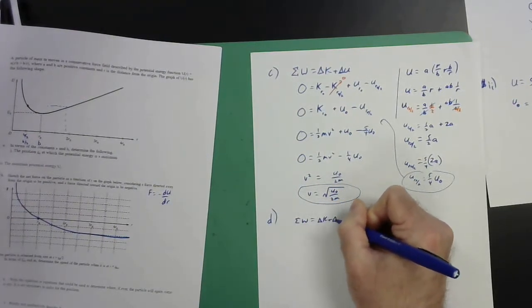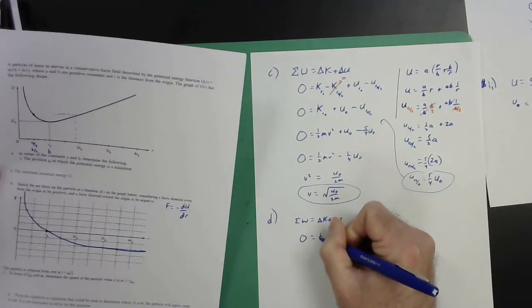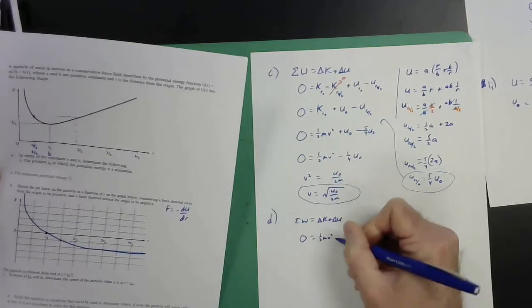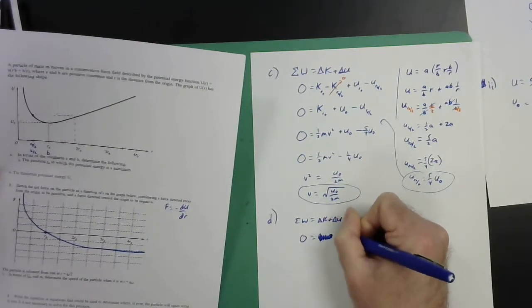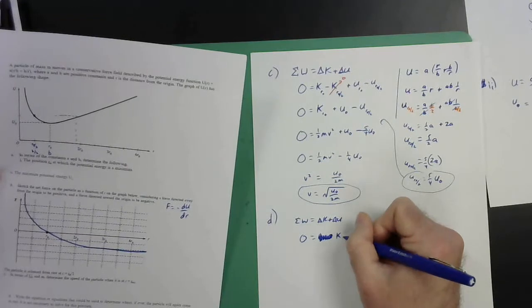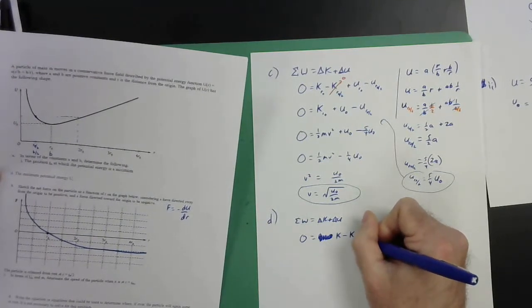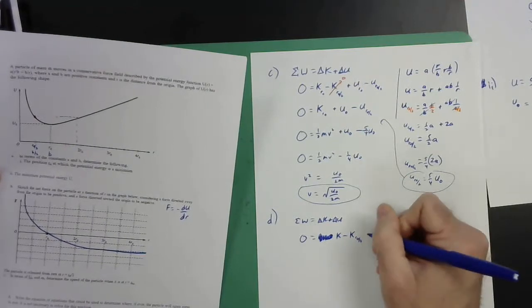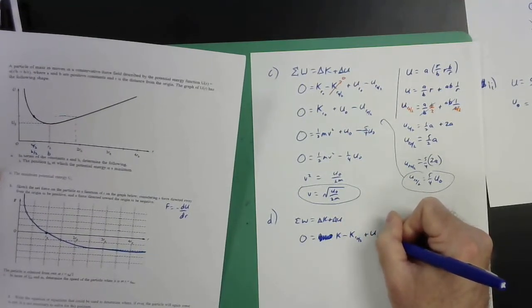Delta K plus delta U, okay? Let me write out the big terms first. My final kinetic energy, minus my kinetic energy at R naught over 2, because that's where I'm releasing it from, plus my U final, whatever that is.